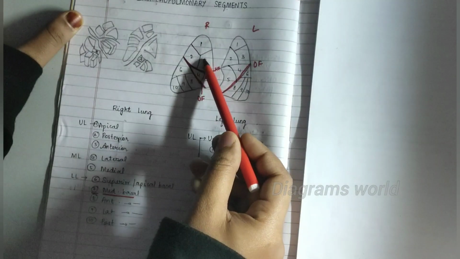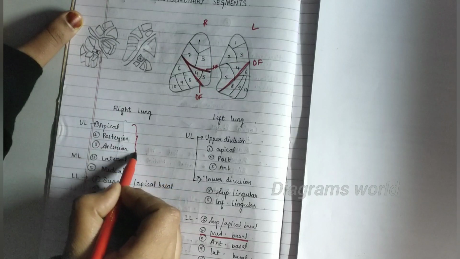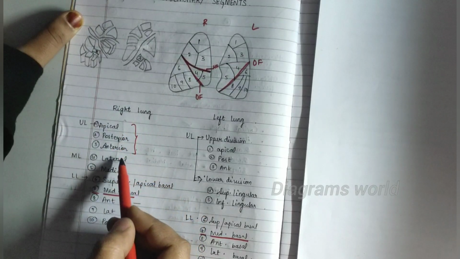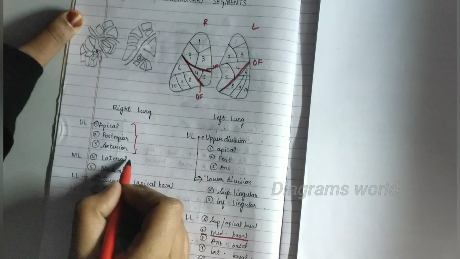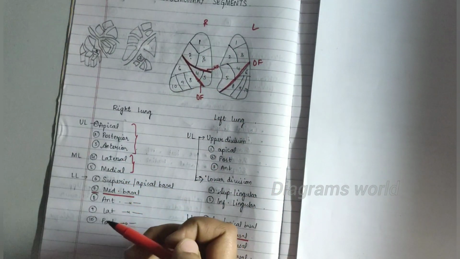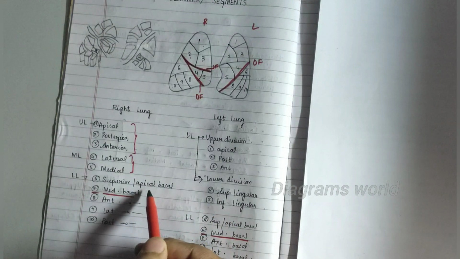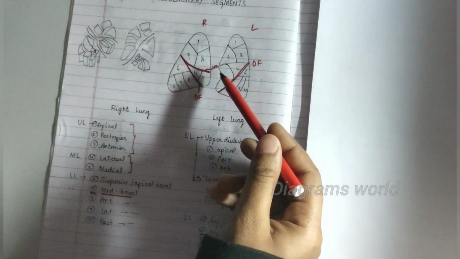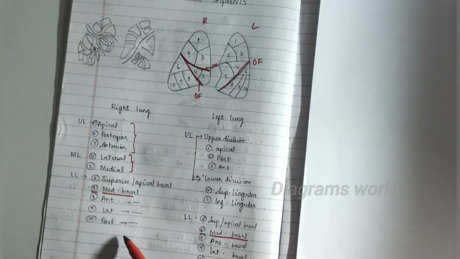In the first, upper lobe of the right lung, we have three segments: apical, posterior and anterior. In the middle lobe we have two: lateral and medial. In the lower lobe we have superior apical, medial basal, which is not seen here, anterior basal, lateral basal and posterior basal.